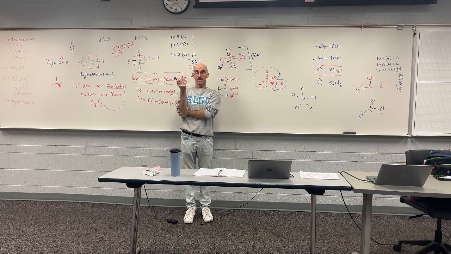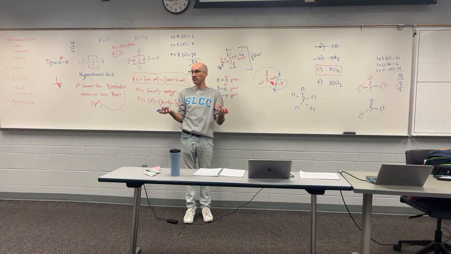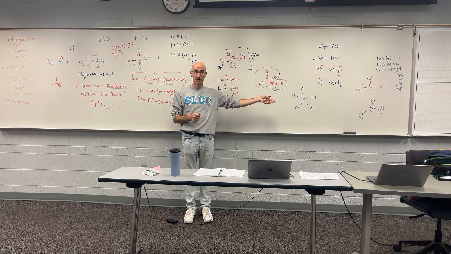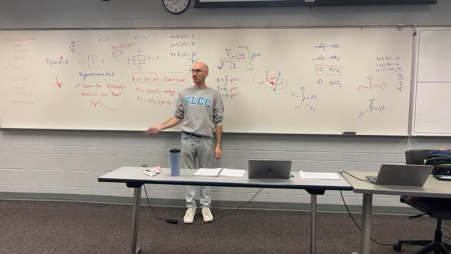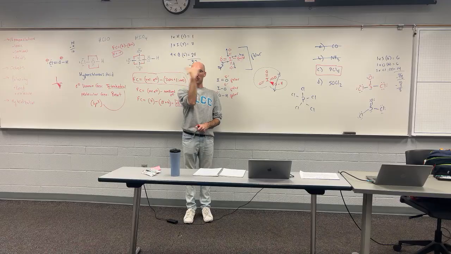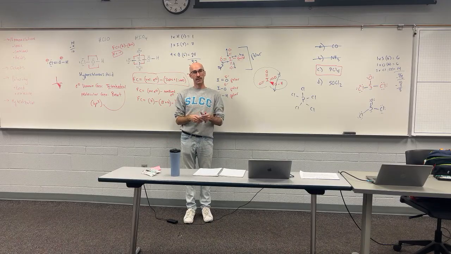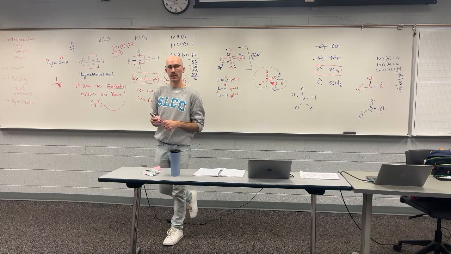And I will say this, the unit test and the midterm, they both have a lot of questions about structure. And sometimes you're not shown the structure. It gives you a list of molecules and says, find the answer about their structures. You don't have to draw all of them. You can rule out as many as you can up front and then lean into the ones that aren't as obvious.